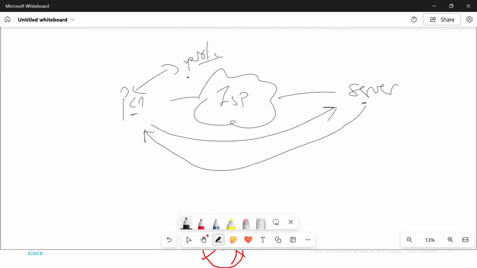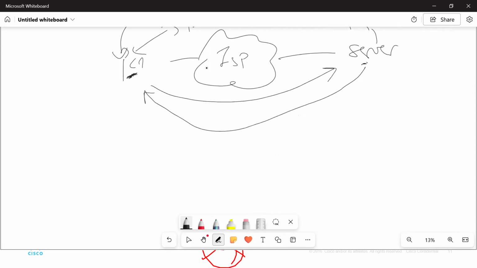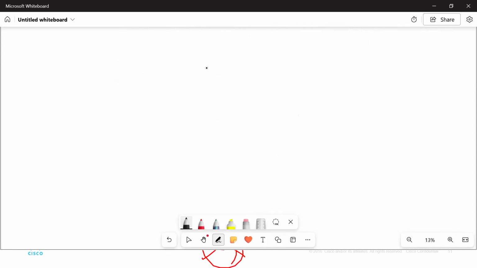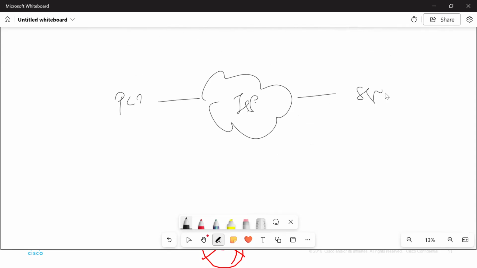This does not change. You can manually change it, but once you manually configure your mapping, then it means every time this PC is trying to connect to the server, it uses this specific public IP address. It also means that if this server wants to communicate with the PC and it uses this public IP address, then it means it's going to this PC. The difference now with dynamic, we have PC1, we have our internet, then we have our server here, and we have a pool.